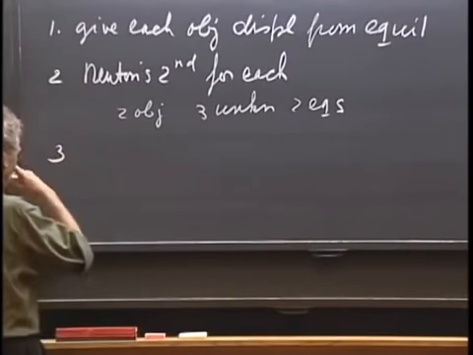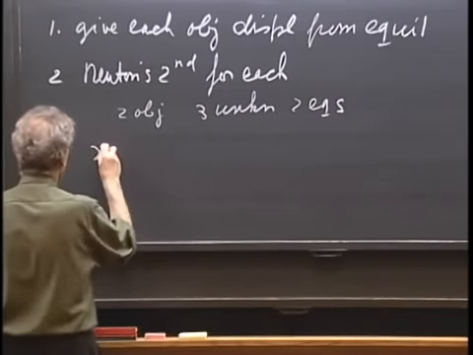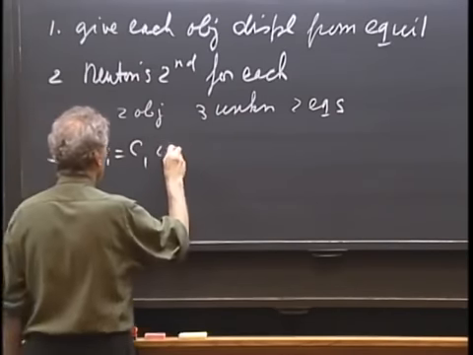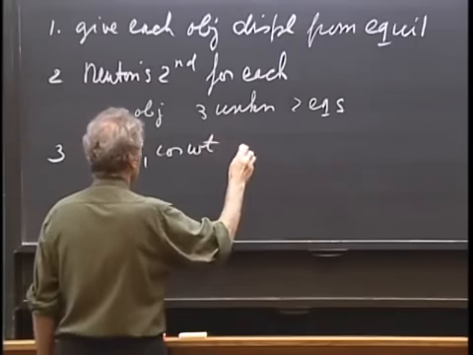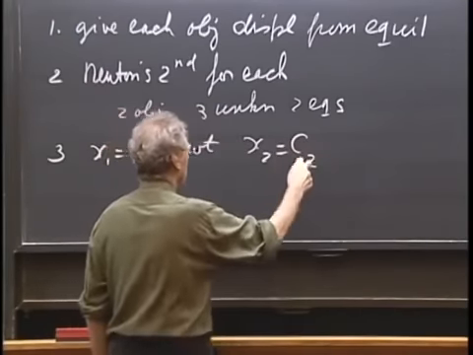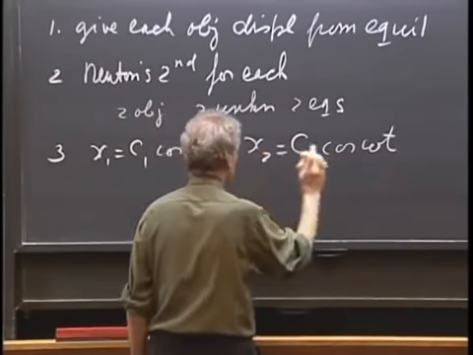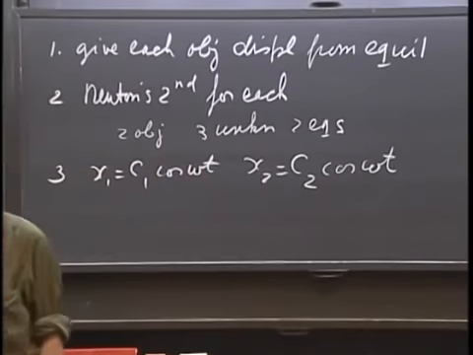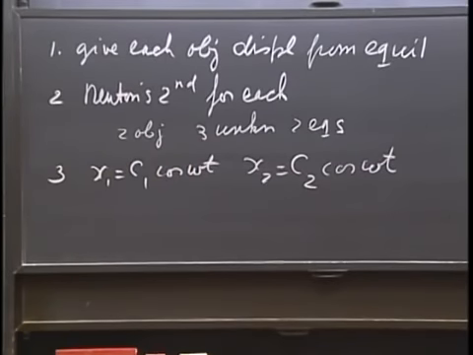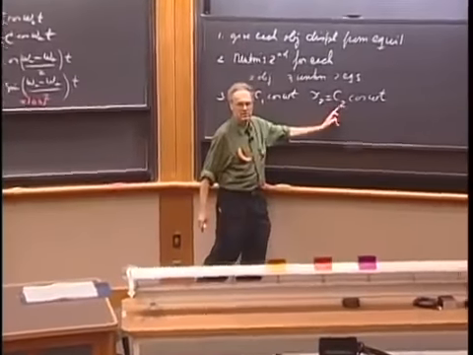Number 3, you are going to put in the condition for normal modes, which means that x1 is C1 times cosine omega t, but x2 can be some other amplitude which we have to calculate also times the same omega t. I don't have to put the phase in there because it's either in phase or out of phase, and out of phase means that you get minus signs.